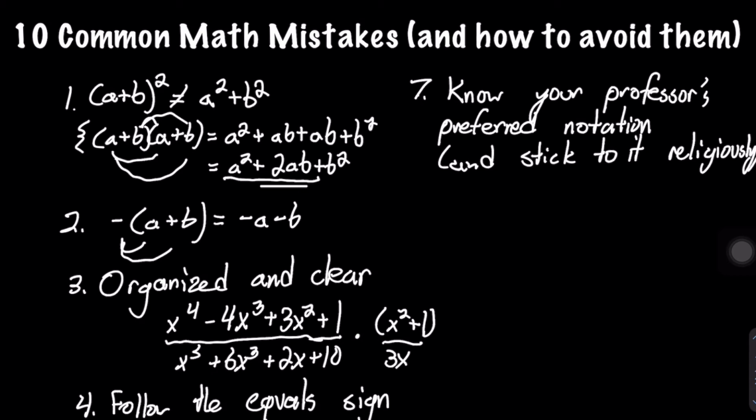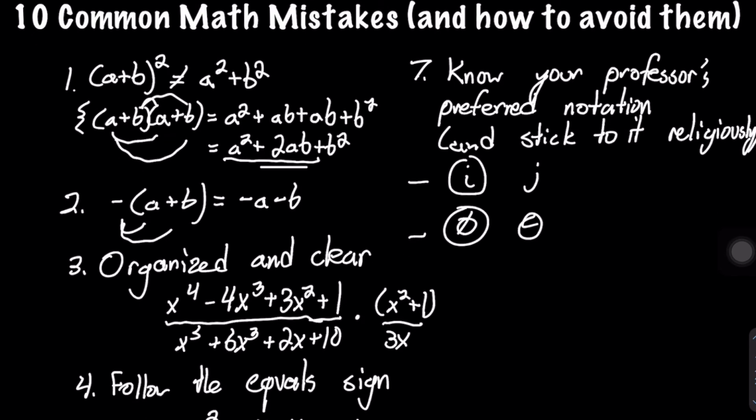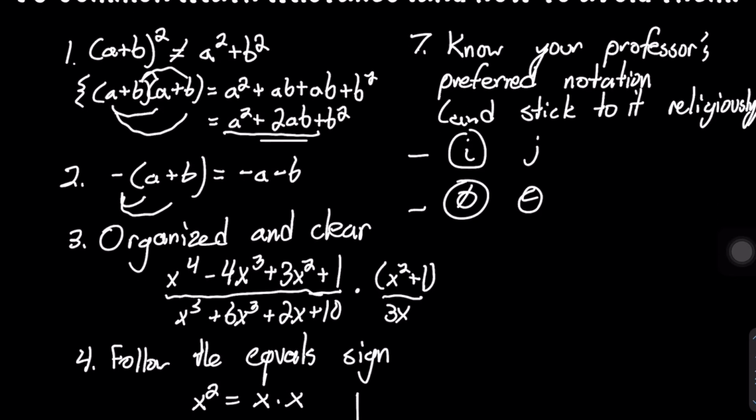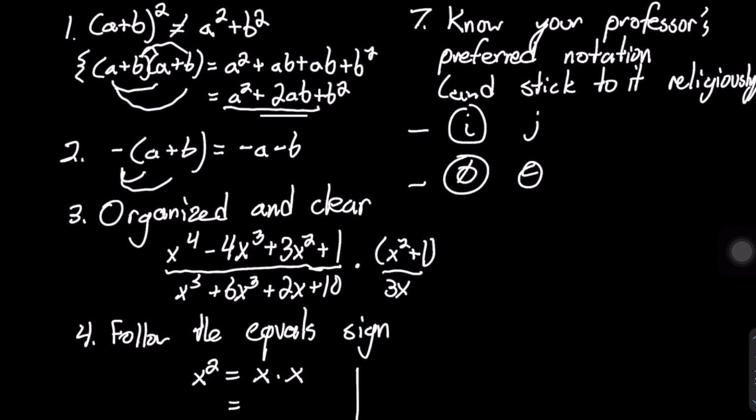So if in class your teacher decides to use i instead of j, or phi instead of theta for angles, just know which one your professor prefers, and that will make it much easier when you're doing problems. You're kind of putting yourself in the shoes of your professor, who has most likely made up your homework assignments and your exams, and it'll make it so much easier to think through a question when you're thinking through the lens of your professor and the notation and style that your professor wants.